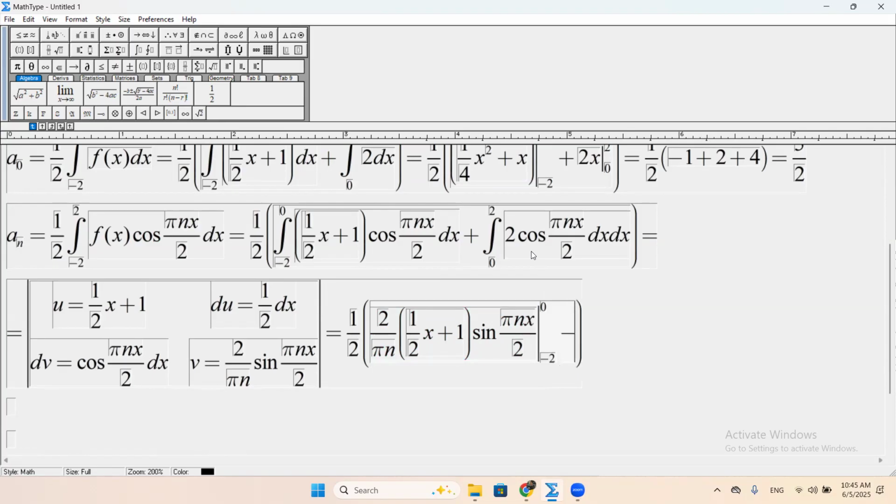And minus, multiplying these parts, 1 over pi n, integral of sine of pi n x over 2.